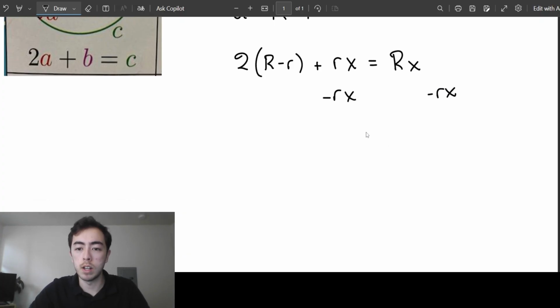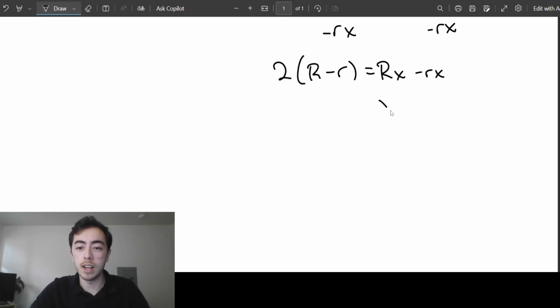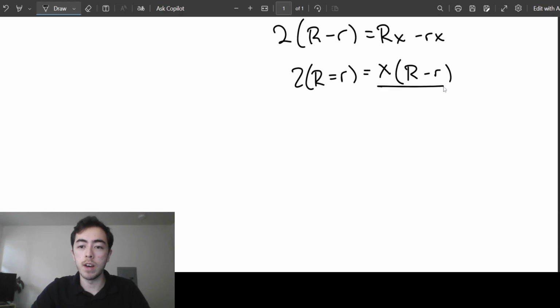So we'll subtract little rx from both sides. Okay, I'm seeing the answer now. And then we can factor the x out from both terms. So we get x times the quantity big R minus little r, still equal to the left side. And then to isolate x, we can divide both sides by big R minus little r.